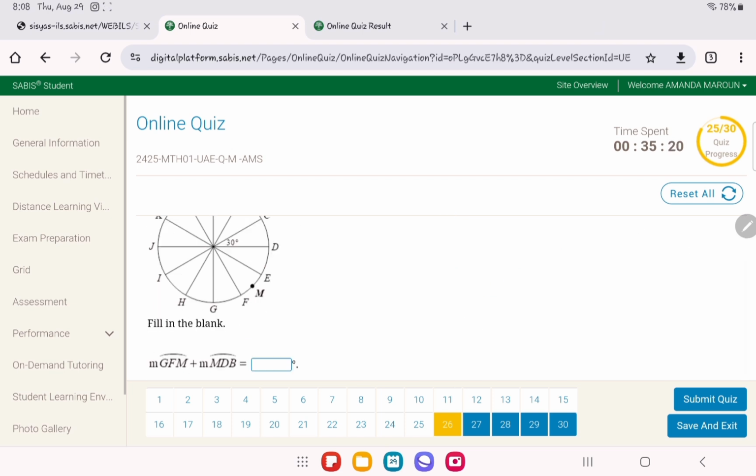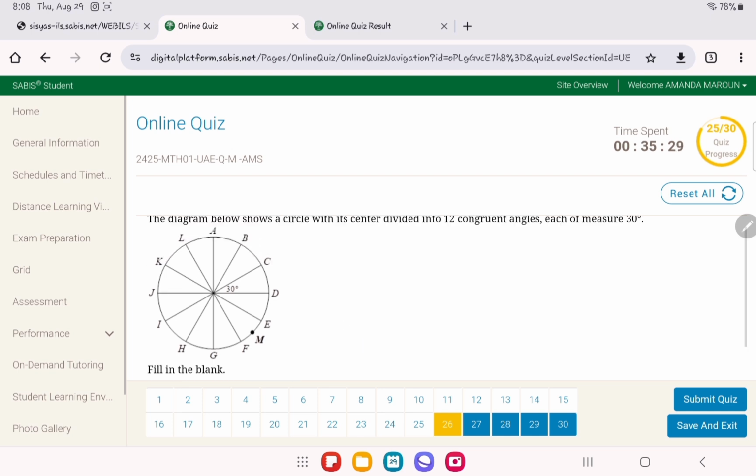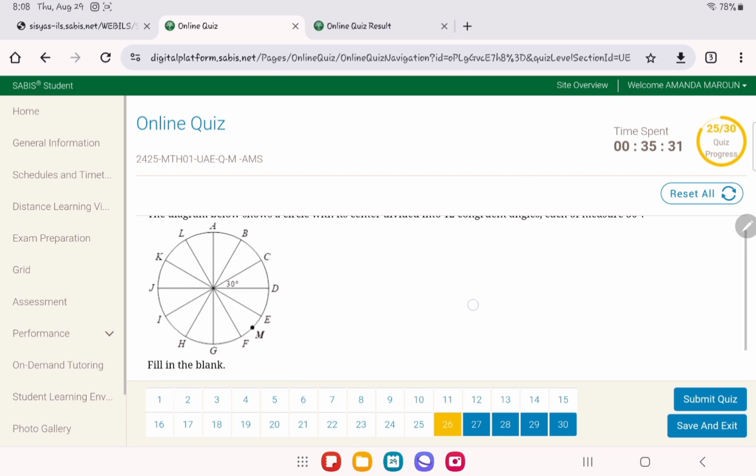Now they're telling us, what is the measure of arc GFM plus the measure of arc MDB? We have GFM and MDB. Where is GFM? This is GFM. And where is MDB? This is MDB. So we take all of this and we count.